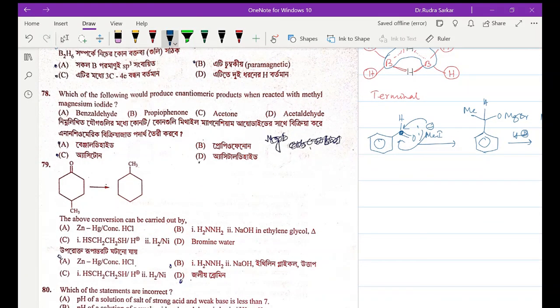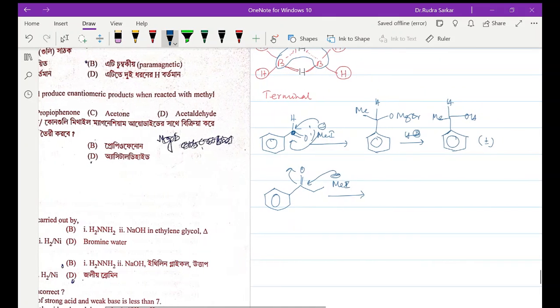What about the propiophenone? Again, if we attack from top and below, both are possible.